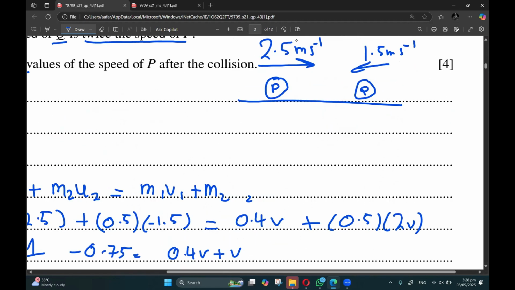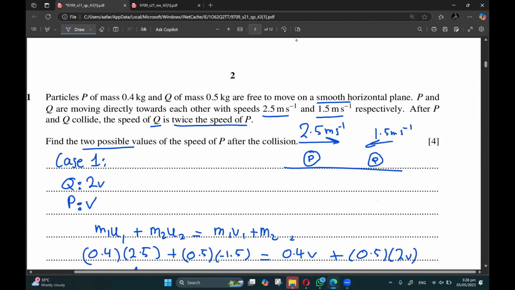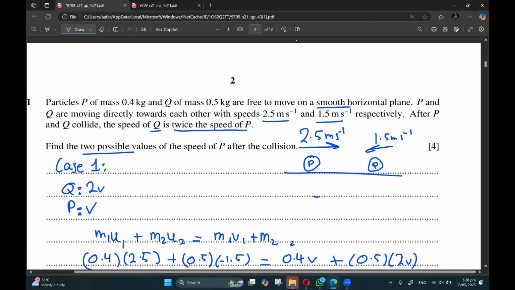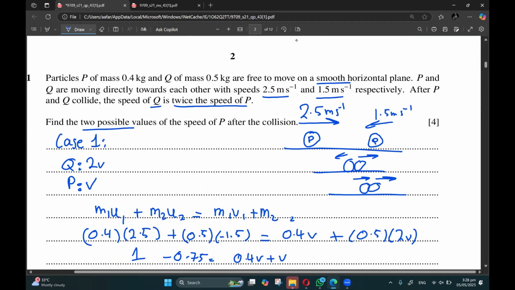Okay. So they've asked us to find two possible values, right? And they said that Q will always have twice the speed of P. So the two scenarios which we can get is that either P bounces back and Q goes this way, like they both go in opposite directions, or the other scenario is that P and Q both still travel in the same direction.